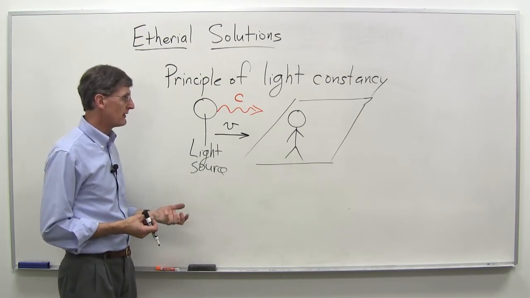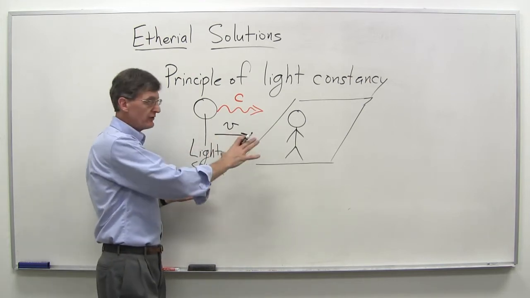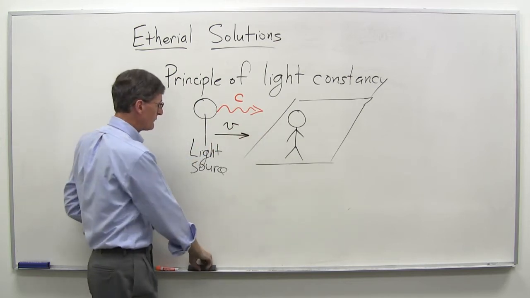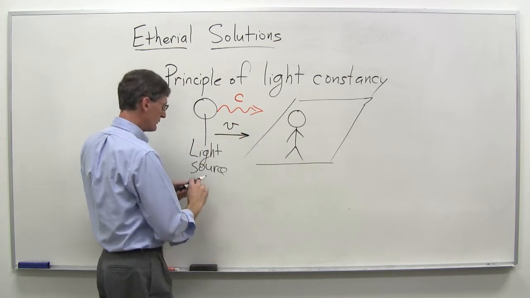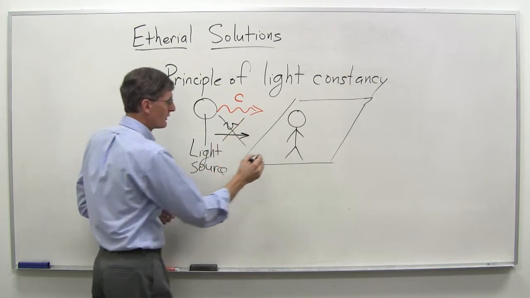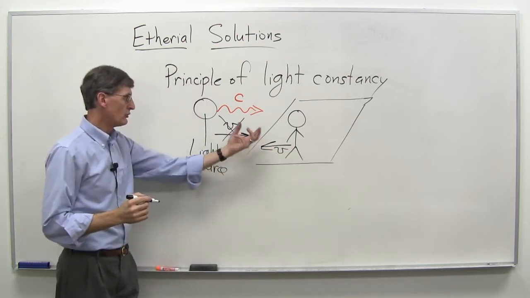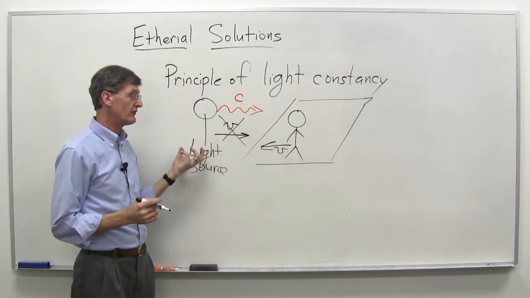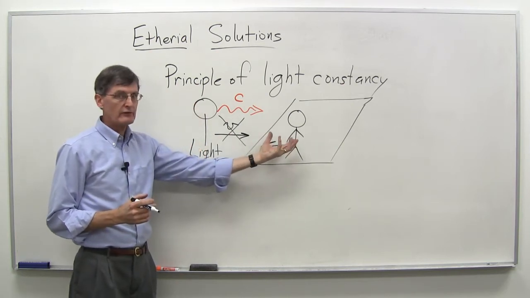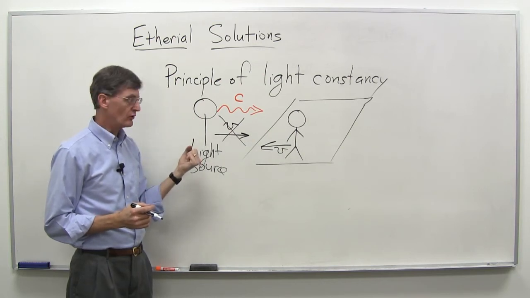And so what the principle of relativity would say is that this case here, where the light source is in motion toward Alice, is the same thing as, let's just put an X through here for a minute to remind ourselves that was there a minute ago, what if we put Alice in motion this way? Toward the light source. So now the light source is stationary. Alice, if the ether exists, is moving through the ether toward the light source.